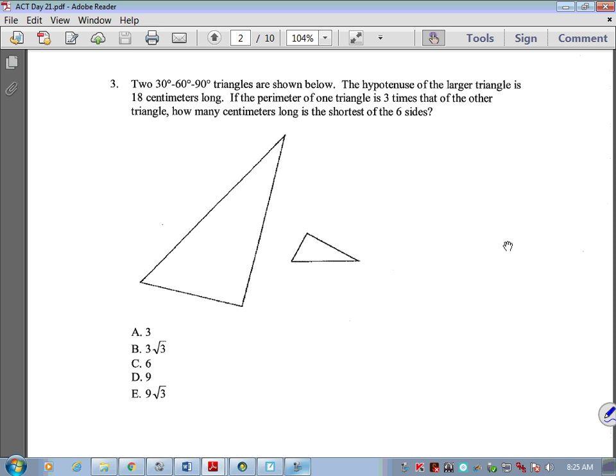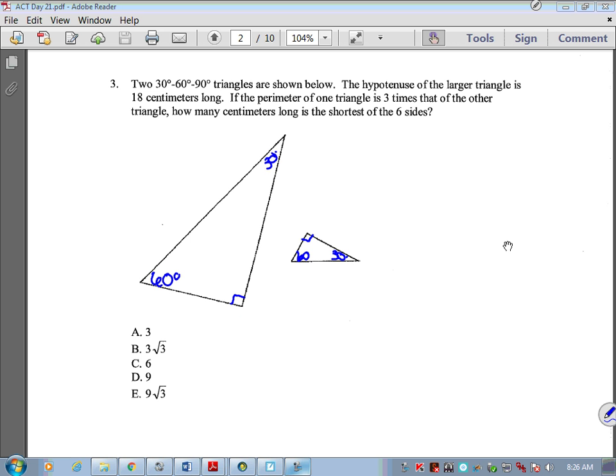Okay, I got several on 3. 2, 30, 60, 90. So what I had to start off with here is determining the most likely right angle. So we've got those, and I put in my obvious 60s. My obvious after that 30s.